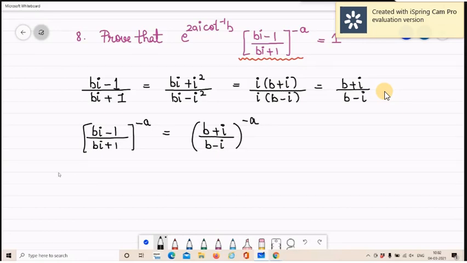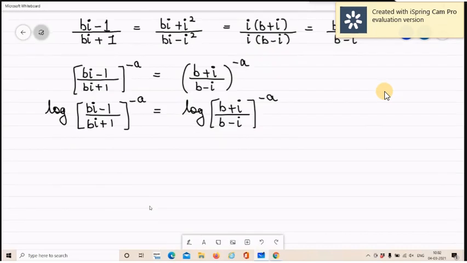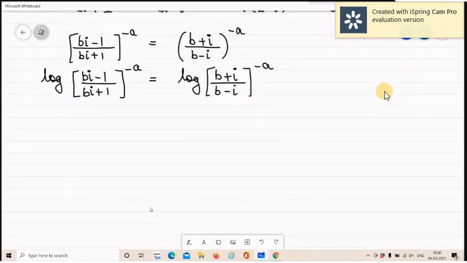Now you take log on both the sides. My intention is to just simplify the right hand side. So let's start simplifying with the right hand side, not the left hand side.